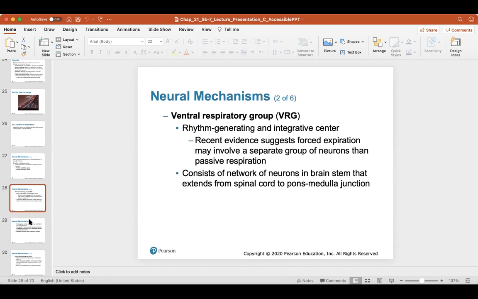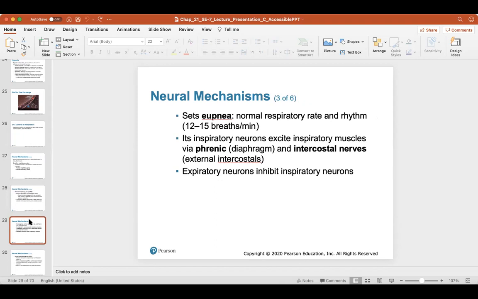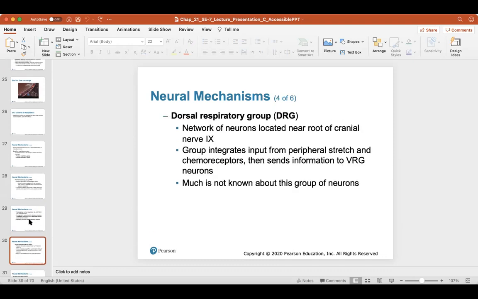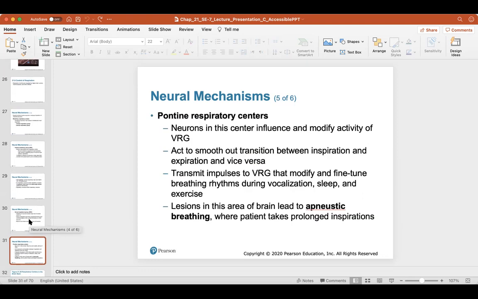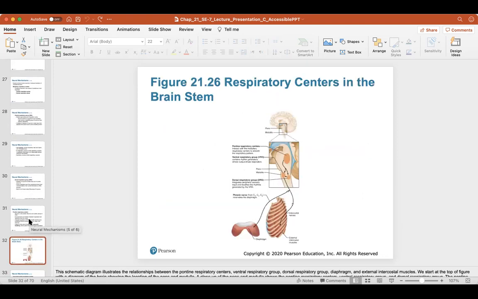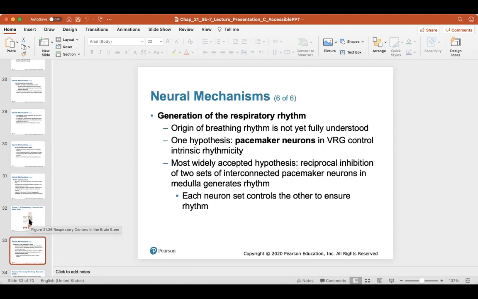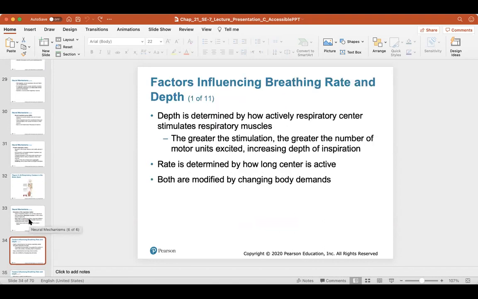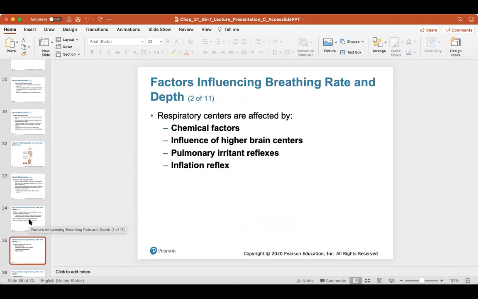The ventral respiratory group is one of the groups of neurons that extends from the spinal cord to the pons-medulla junction. These are more neural mechanisms that help to control normal respiratory rate and rhythm. I won't ask you guys too many specifics on these neural mechanisms that control breathing. I more want you to know how your breathing changes if you have a more acidic blood level or a more basic blood level.